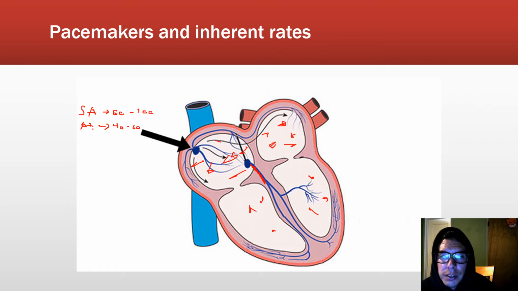If the atria fail, then the junction will take over, the AV junction. And the junction has an inherent rate of 20 to 40 beats per minute. If that fails, the ventricles take over with an inherent rate of 20 or less.